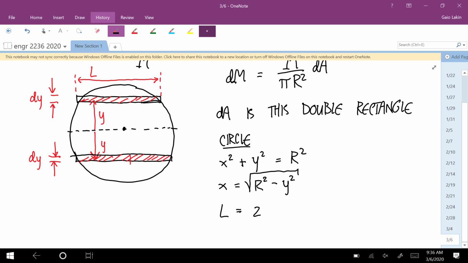So you can think of that as half the length. So the length of the whole thing is going to be 2 times that, okay? So we'll write this length is 2 times that square root.